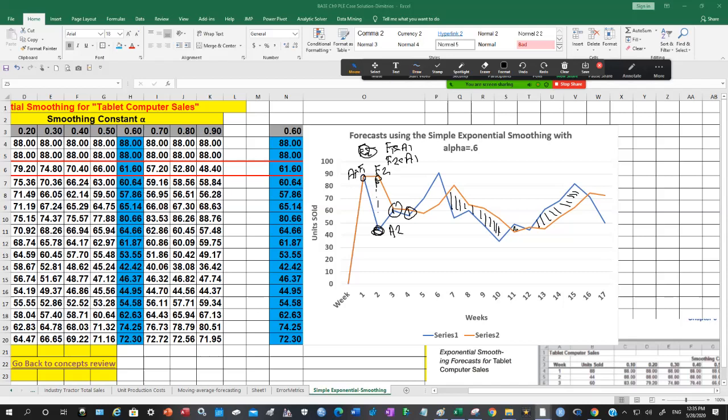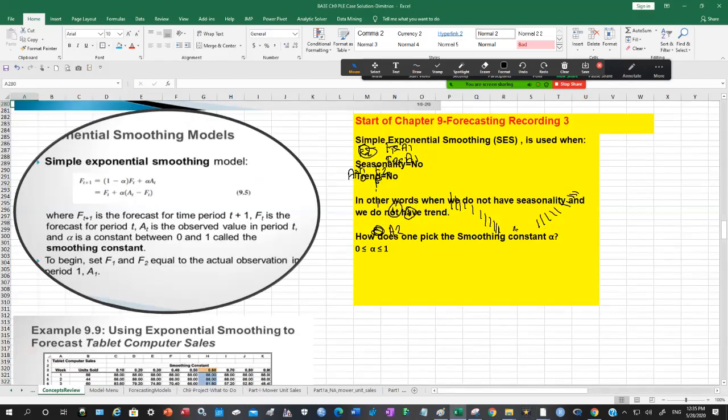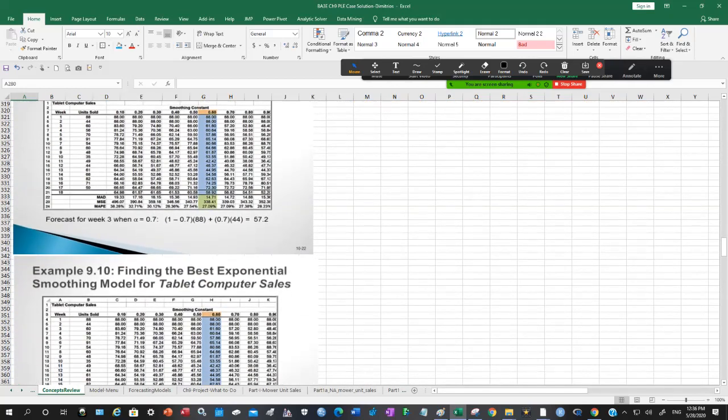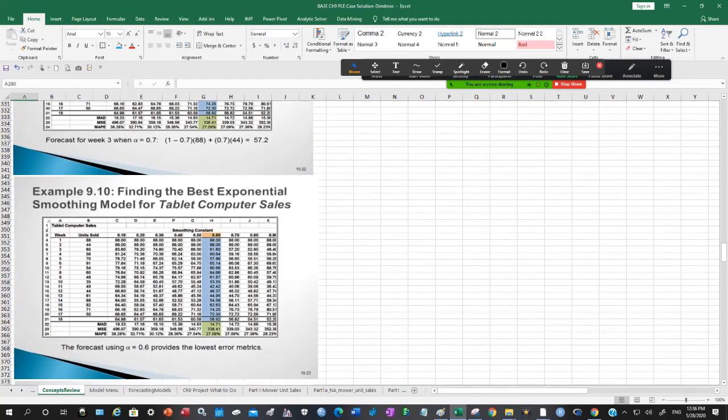So let's go back to the concepts. We went over the simple exponential smoothing, doing an example, and you can, of course, do this with different values of alpha.